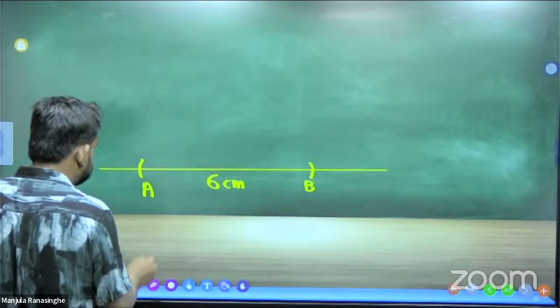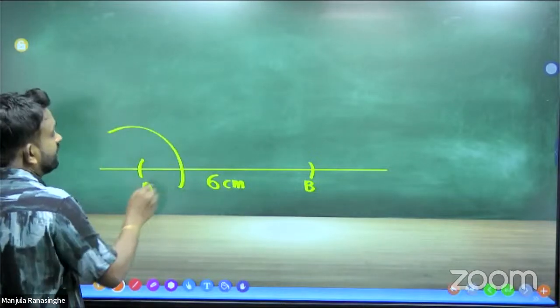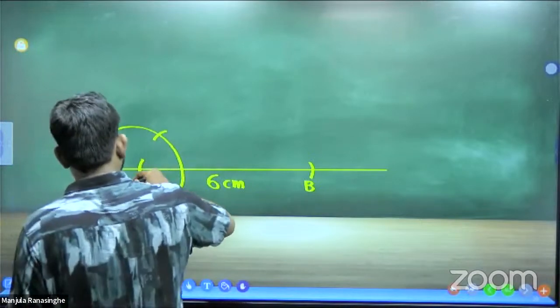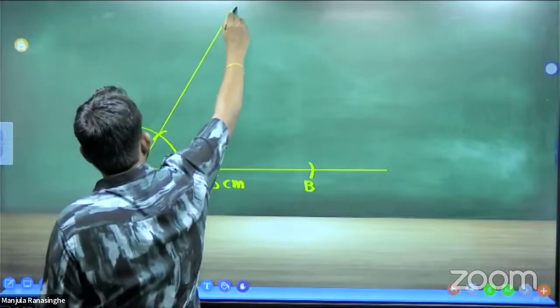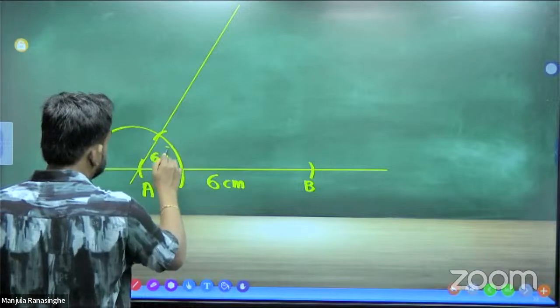You can make 60 degrees using a compass: make an arc, keep the same distance, cut the arc, then connect these 2 points. That is 60 degrees.